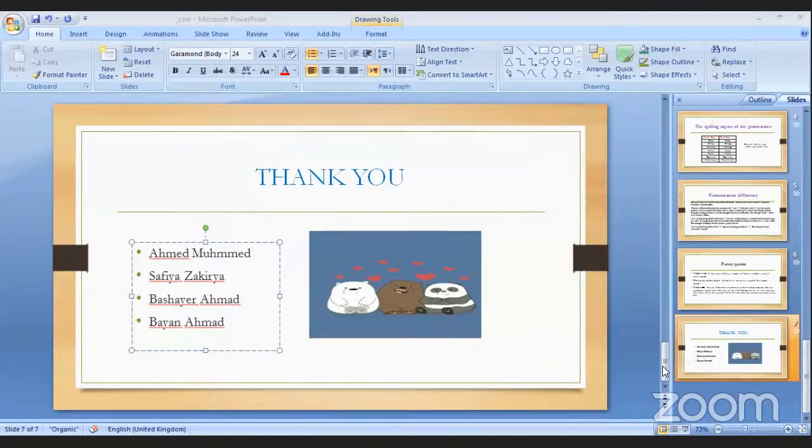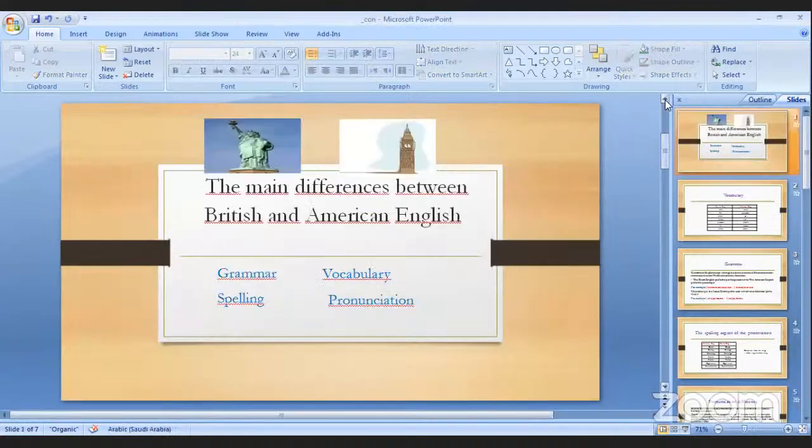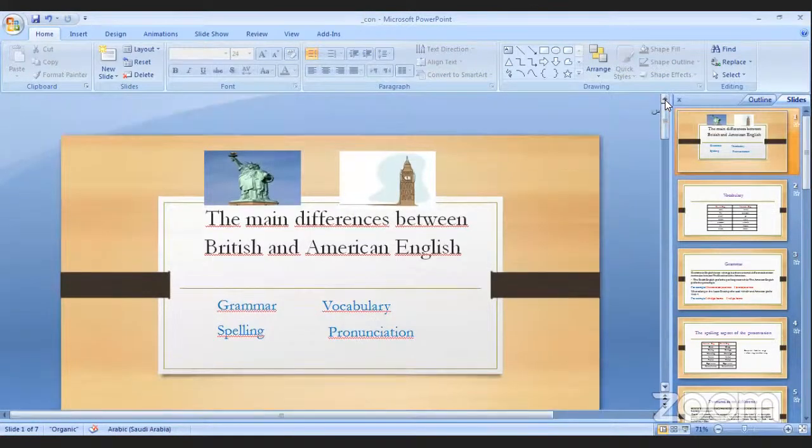Okay, so we're gonna show some differences between the British English and the American English based on. Hang on, Ahmed. Guys, during the presentation of Ahmed Muhammad, please take notes, in order to address questions for this group.